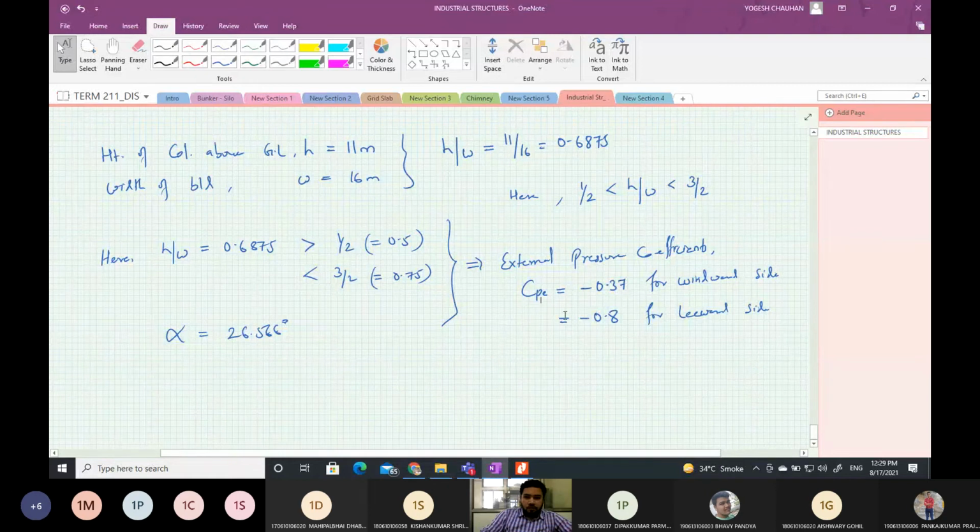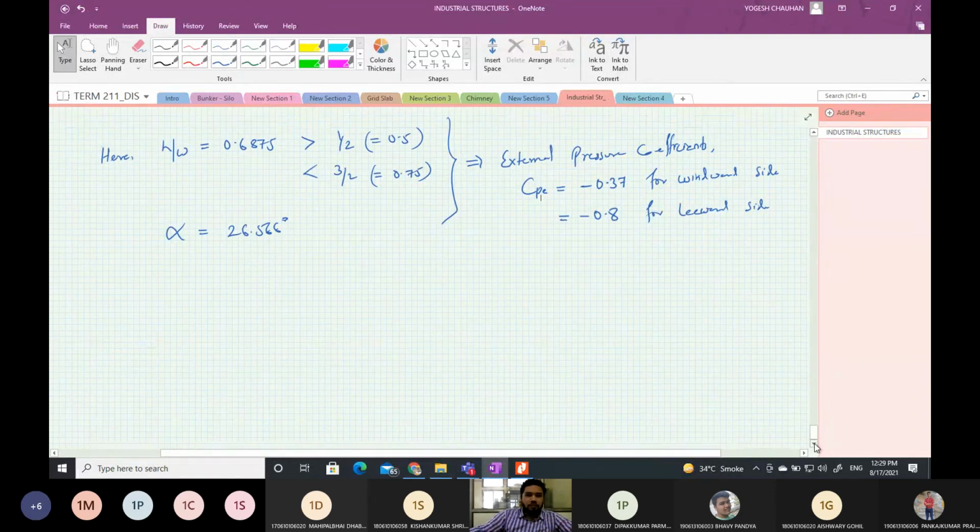Now we have the external pressure coefficient. Similarly, we have to find the internal pressure coefficient also. So for that, let us assume the building to have normal permeability.